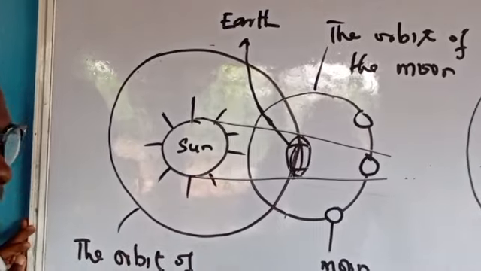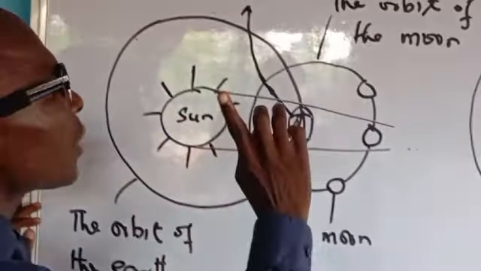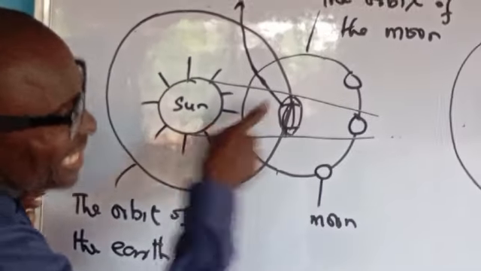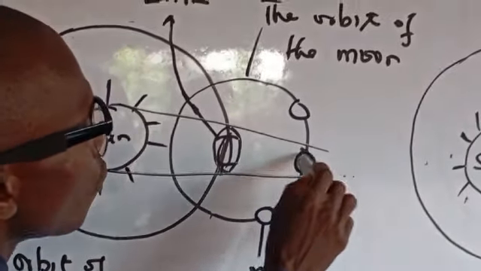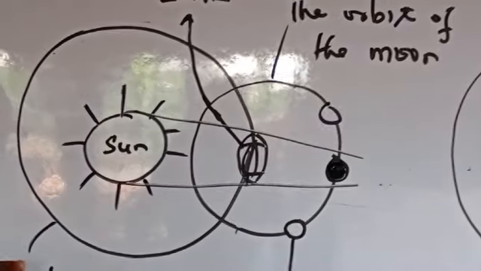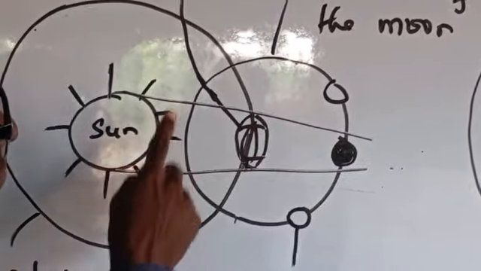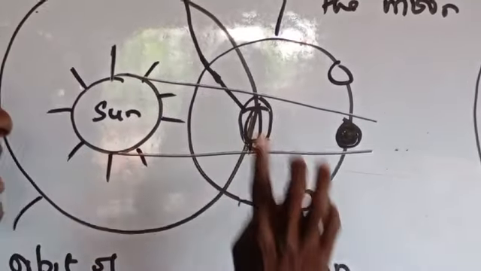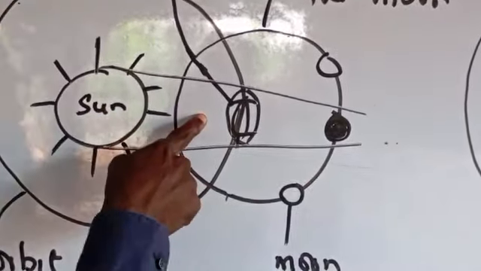What I mean is this. Look at me now. In this straight line, the earth here is casting a shadow on the moon. This is the moon. As the moon is revolving around the earth, the moon moves into the shadow of the earth.